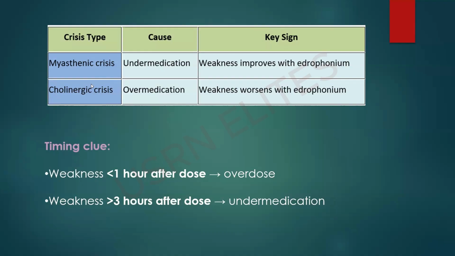In myasthenic crisis there is underproduction of the choline, and in cholinergic crisis there is overproduction. So when it comes to signs and symptoms, they are different. Yes, they are very different.